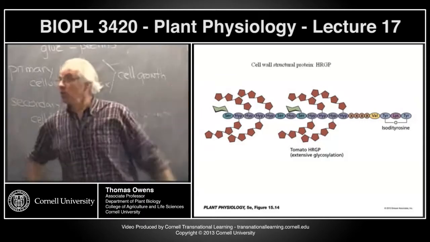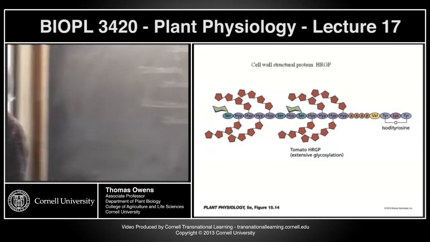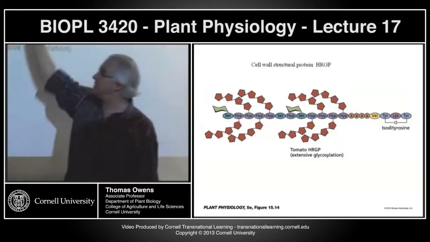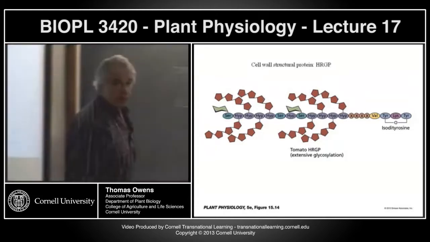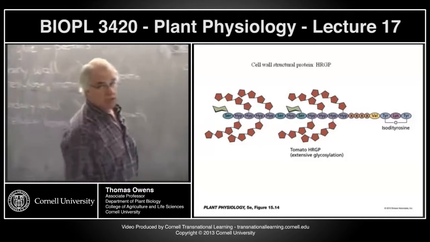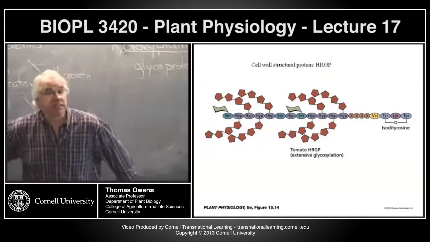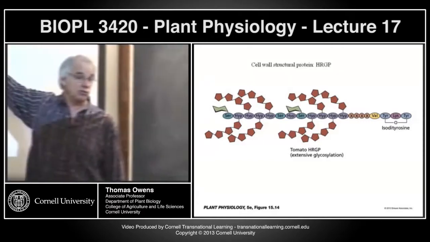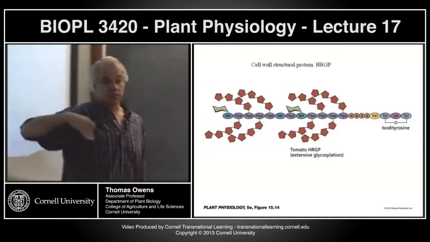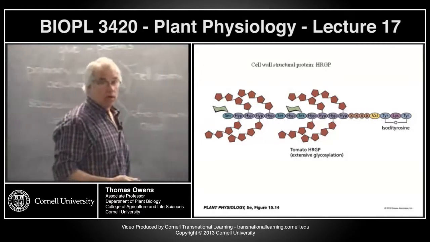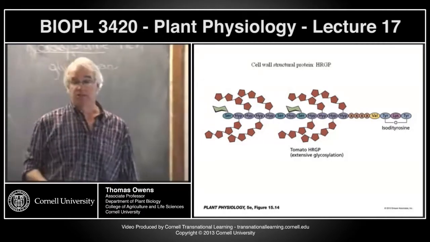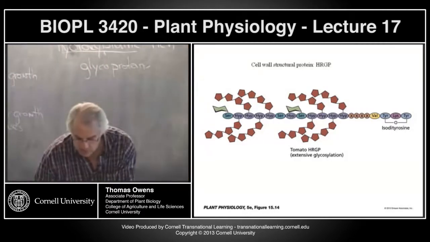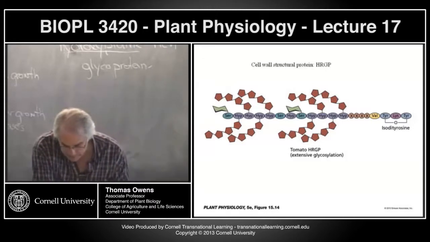Okay? So there's a protein backbone in this, but typically there's lots of carbohydrate polymers that are attached to this. And it's the attachment of those carbohydrate polymers that gives rise to the covalent interactions that are important in cell walls. There's not a lot of them, but they certainly play a role, and we'll see what some of these roles are in just a minute.